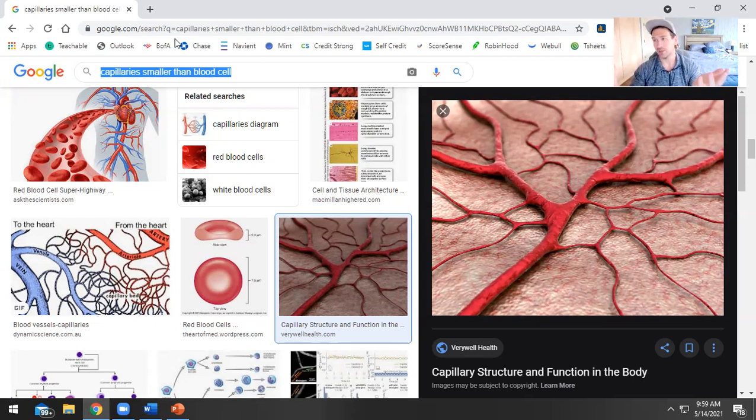Therefore, the wall is thinner. So that answer is simpler than people tend to make it. Your capillaries have really thin walls. And that's why it's so easy to bruise, you know? You smack yourself, you break a bunch of capillaries, and those capillaries leak all their blood into the area. You see that blood pooling under your skin, and that's what you're seeing when you see a bruise.